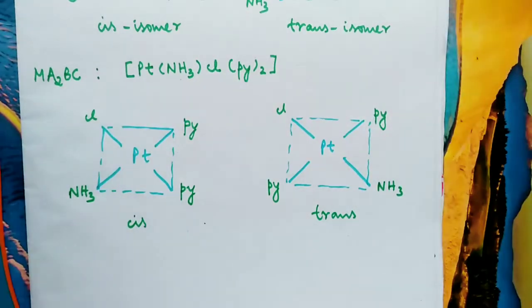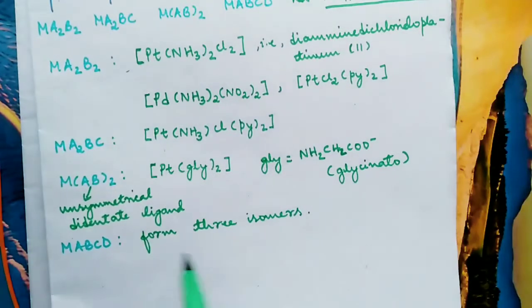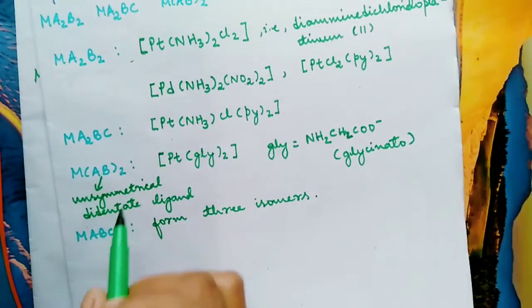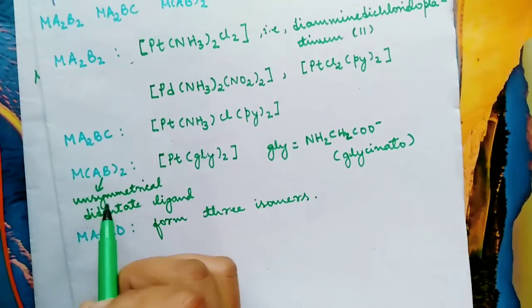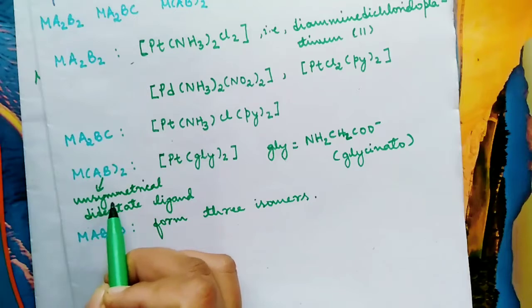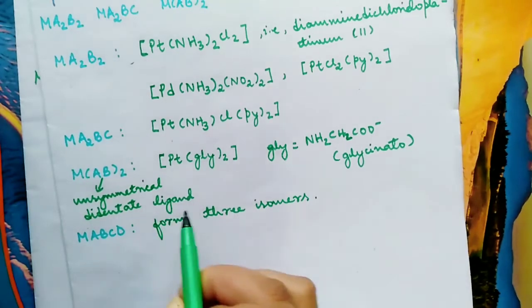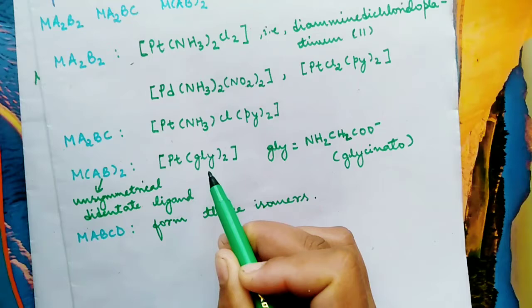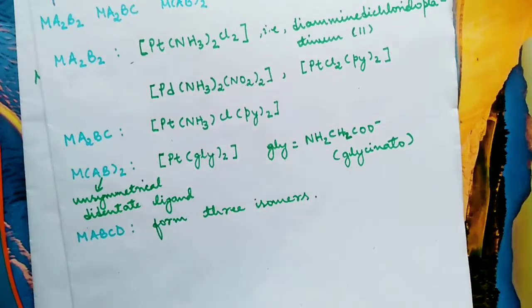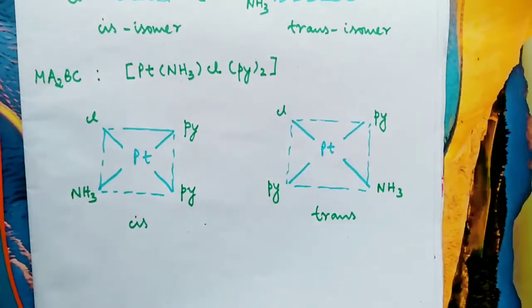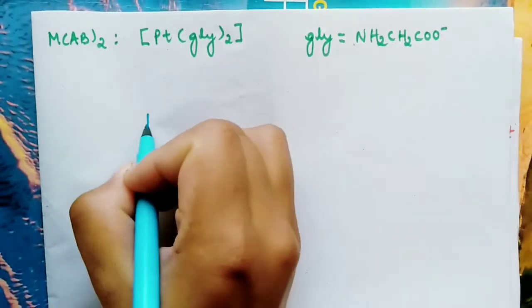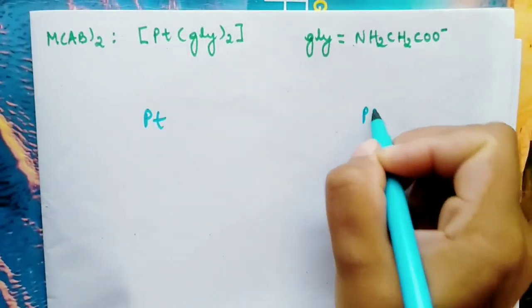So let us come to another one. Let us draw the geometrical isomers of complexes of the type MAB2. Here, your AB is an unsymmetrical didentate ligand like this one, glycinato. So let us draw the geometrical isomers of this complex. We draw the cis-trans isomer of this complex, platinum, platinum.